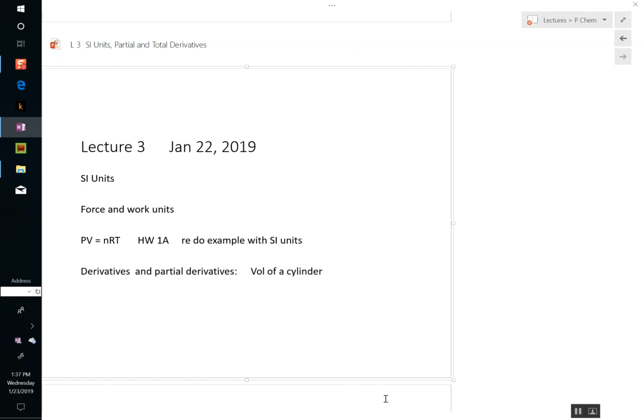But let's do this one, PV equals nRT again. And this one wants you to take the partial. This is probably the hardest one in the list.